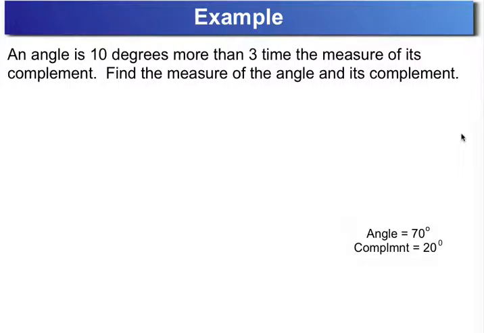You should have gotten that the angle's measure is 70 degrees and the complement is 20. So just to make sure that you have the equation set up right, I have an angle, it's 10 degrees more, so x is my angle. It's 10 degrees more than 3 times the measure of its complement.